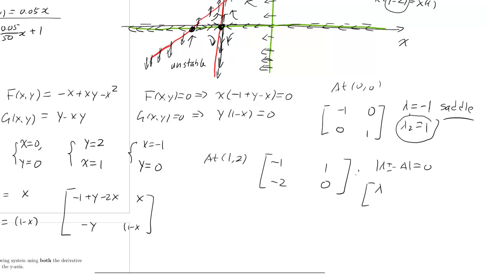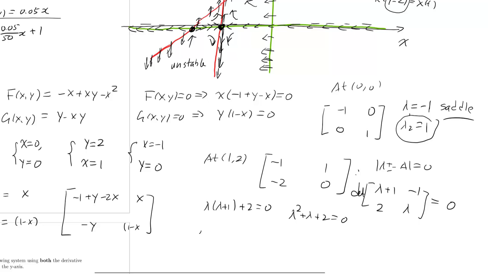This is lambda minus negative 1 becomes lambda plus 1, minus 1, 2, and lambda minus 0. So we find its determinant and then set it to 0. So we have lambda times (lambda plus 1), and then plus 2 is equal to 0. So we have lambda squared plus lambda plus 2 is equal to 0.